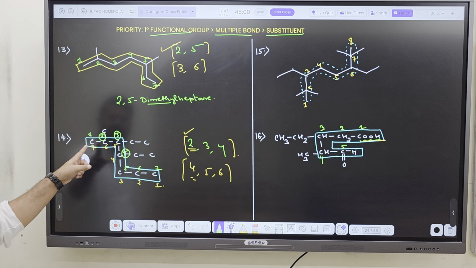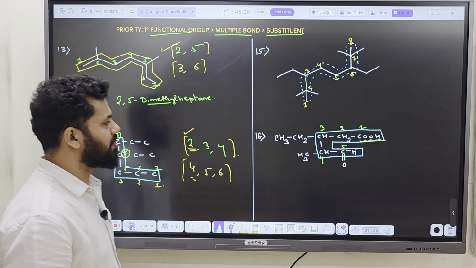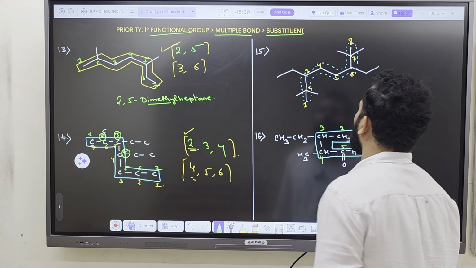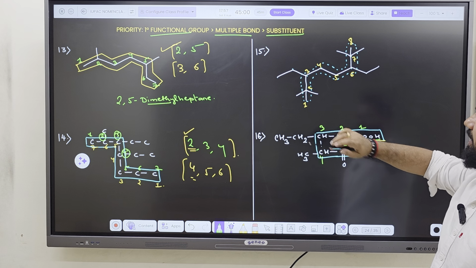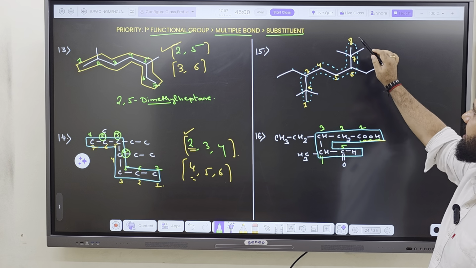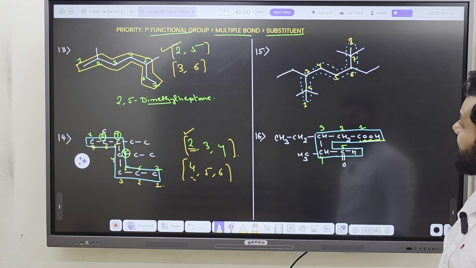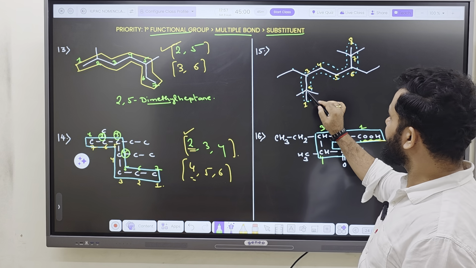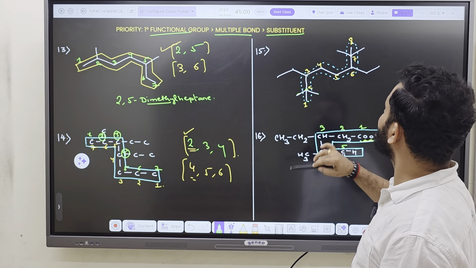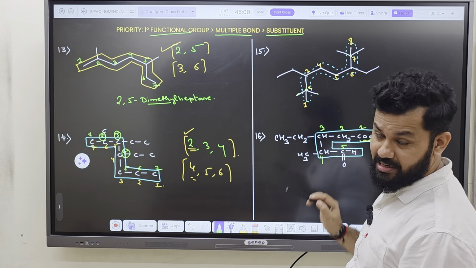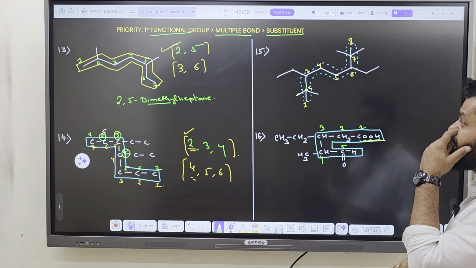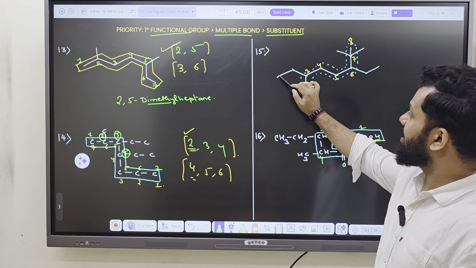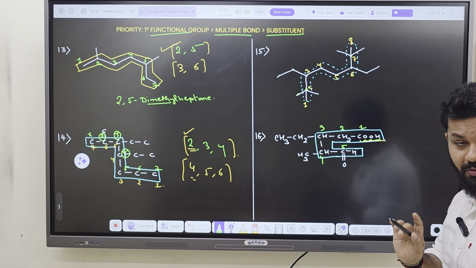Similarly, you can try naming this guy or this one. They are quite simple, but let us try this guy. 1, 2, 3, we have already selected the PCC. It is octane. Now, at second position there are methyls, at seventh position there are methyls. So 2, 2, 7, 7, so tetramethyl. At the third position we have ethyl, at the sixth position also we have ethyl.